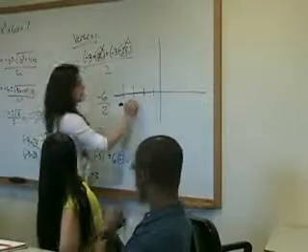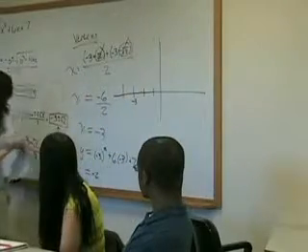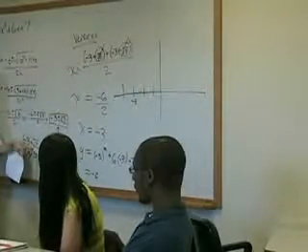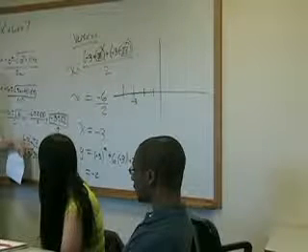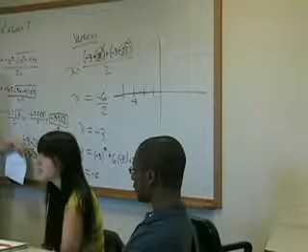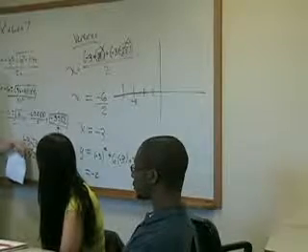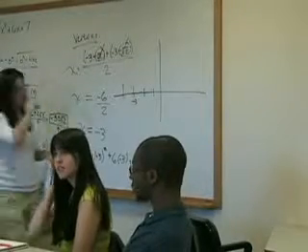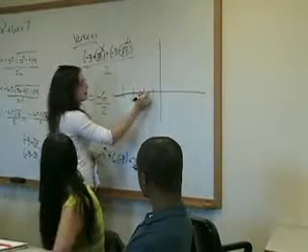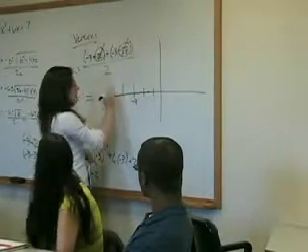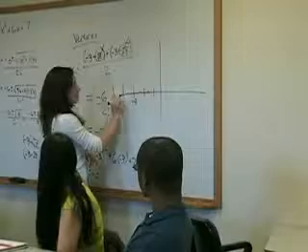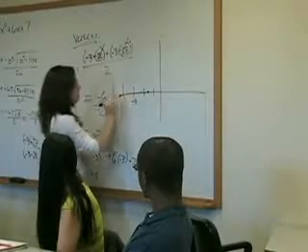Our -3 is right here, yeah? What does root 2 equal? 1.4. Good. So if I'm going 1.4 to either side, maybe that would be roughly here and roughly here. Does everyone agree? Okay.